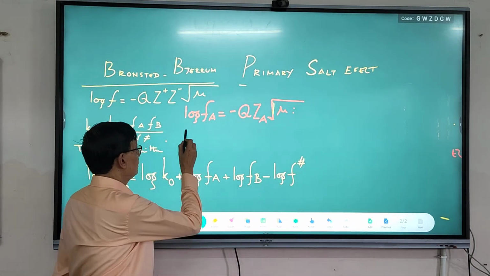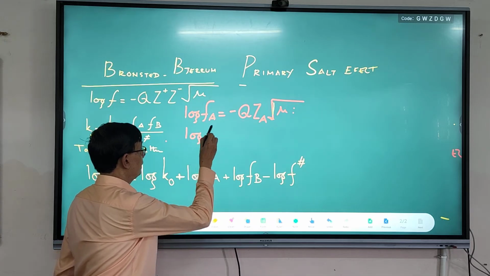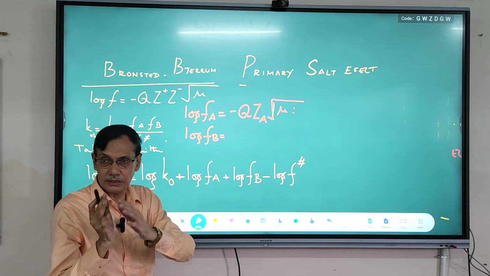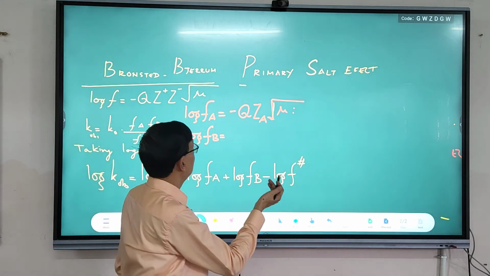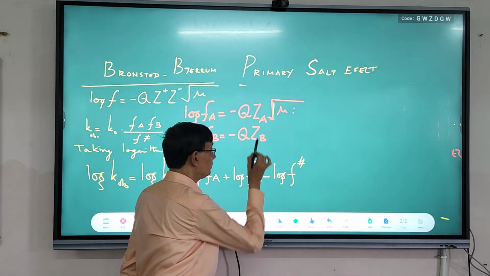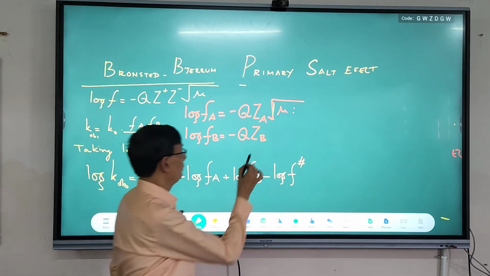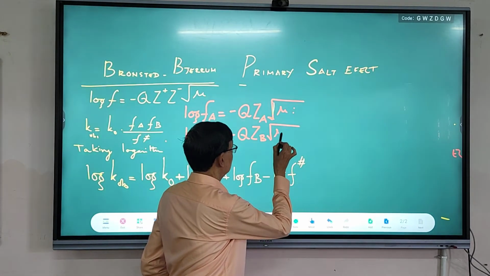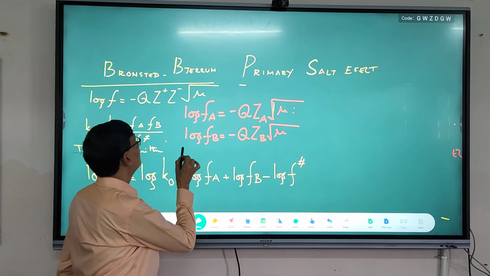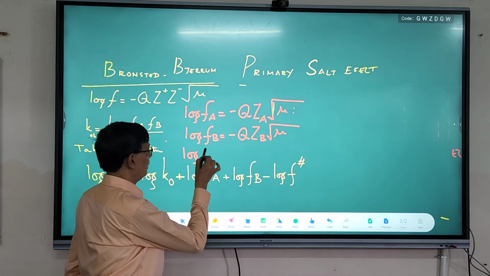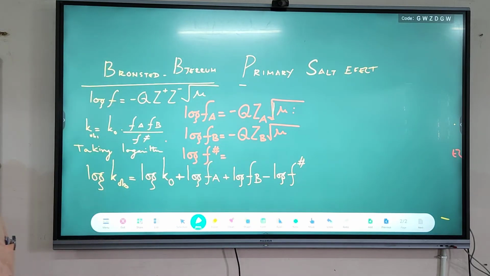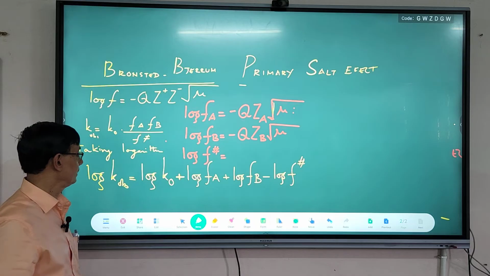Then for B, log of FB for the negative ion, persulfate, or for KCl, is minus Q ZB squared under root of mu. Then last, log of F for the activated complex.